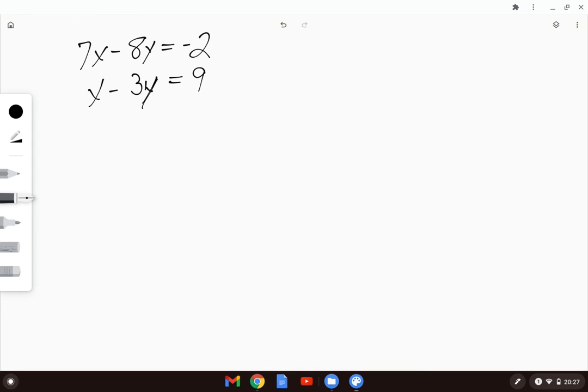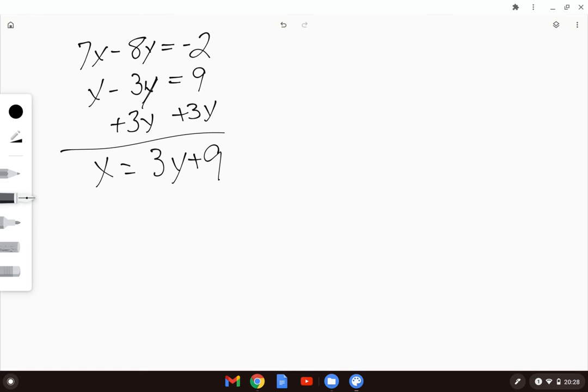So I would rather work with whole numbers and integers any given day of the week than having to work with fractions. So I'm going to take this x minus 3y equals 9, and I'm going to add 3y to both sides. So now I have solved this equation for x, which is going to be the expression 3y plus 9.